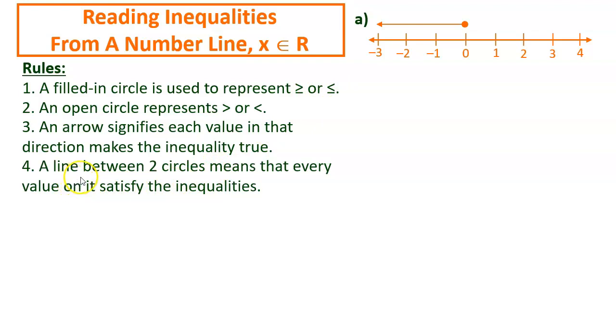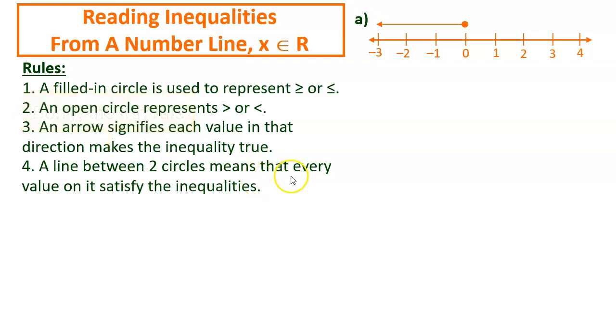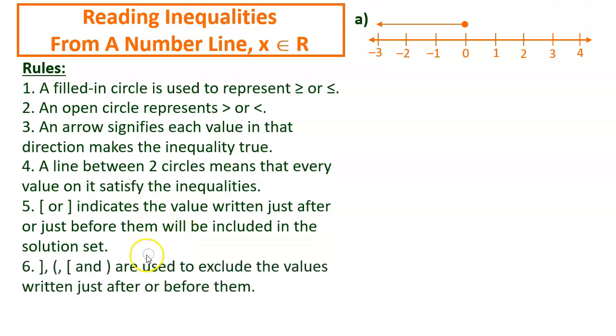The fourth rule says a line between two circles means that every value on it satisfies the inequality. We have not seen two circles, so we leave this point for now. Coming to the next one. These are the two brackets, the square brackets. These indicate the value written just after or just before them will be included in the solution set. We will be knowing the meaning of these rules afterwards.